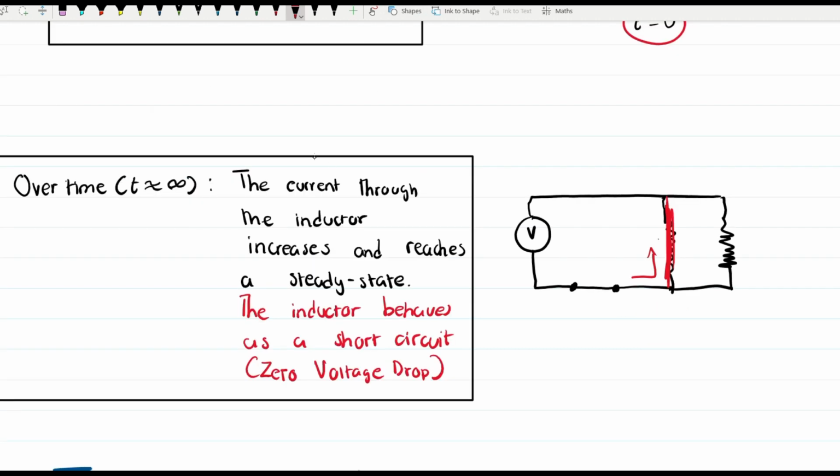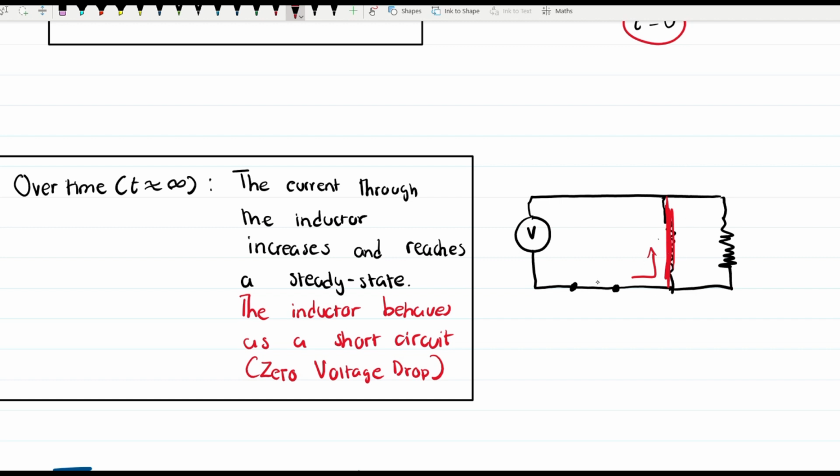Now over time, as t tends to infinity, the current through the inductor increases and reaches a steady state, which means the inductor now behaves as a short circuit. There is zero voltage drop across the inductor.